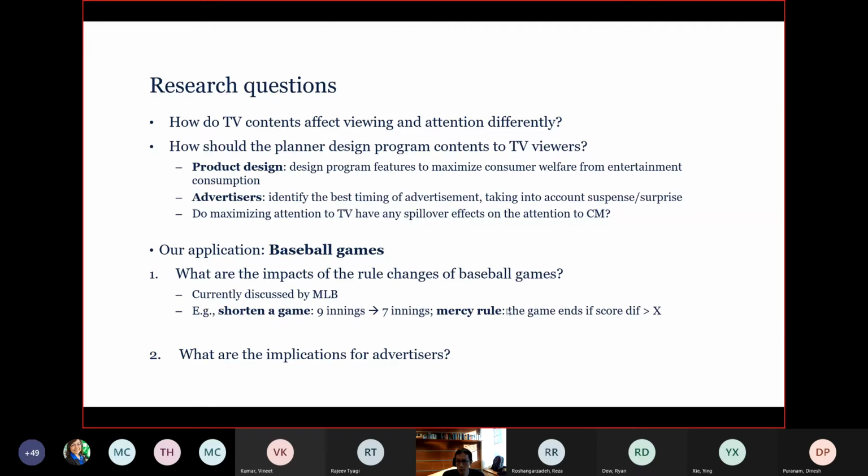Or why don't we allow a mercy rule, under which if one team outscores the other by 7 points by the end of the 5th inning, the game ends at that point? So how do shortening the game or a mercy rule impact viewer behavior, and what are the implications of those rule changes for advertisers and attention to the commercials? Those are the research questions we're going to look at.